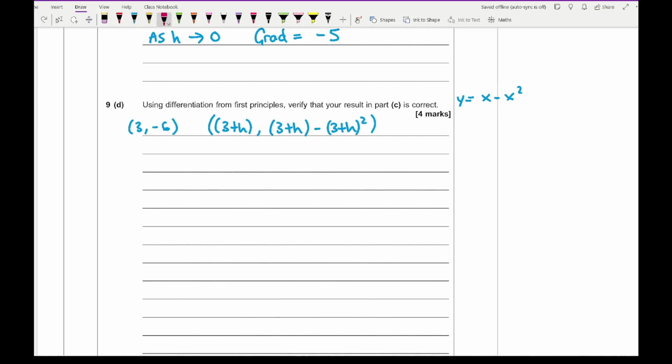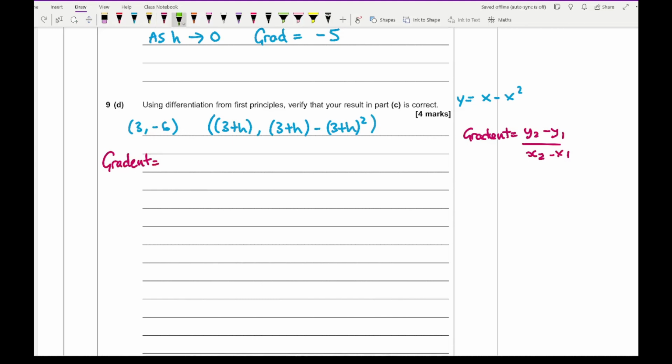Now, knowing that the gradient is equal to y2 minus y1 over x2 minus x1, and using these coordinates, then what we get is that the gradient is going to equal y2, which we'll just say is this.